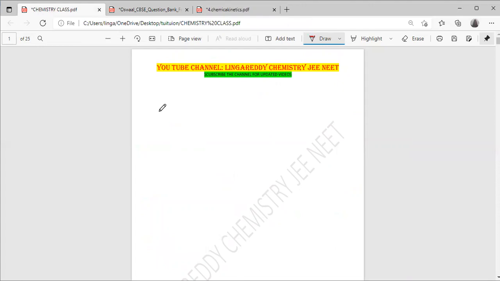Now once again I am writing k equals 2.303 by t log r0 by r. This was the formula for first order. Now I am writing for half-life.